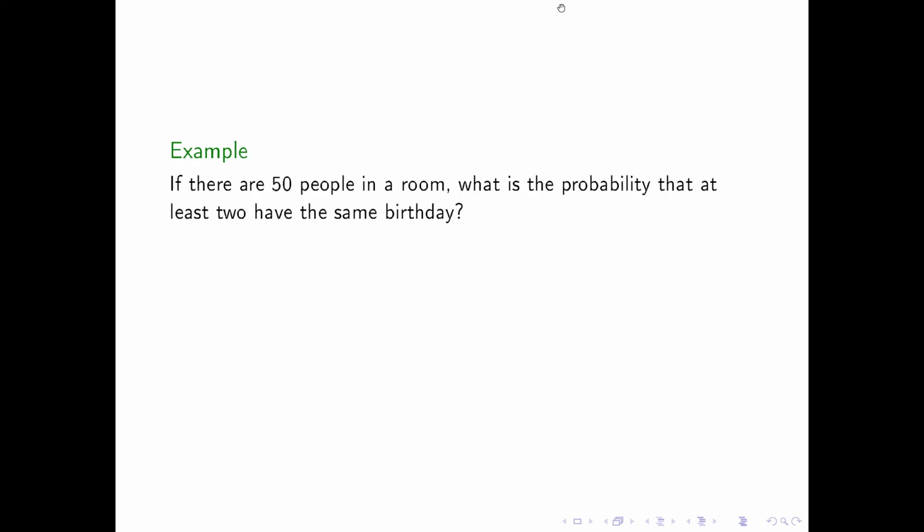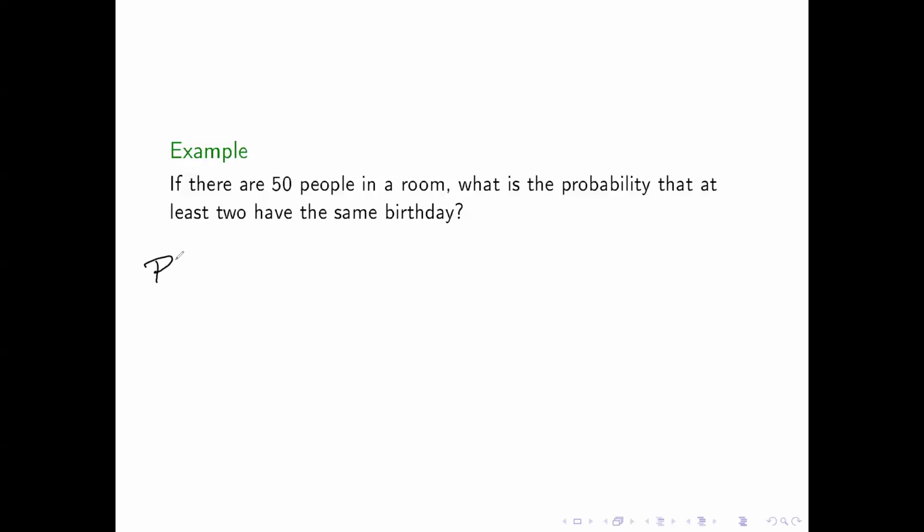So what's the probability that everyone in our room has a different birthday? Because that would essentially be the same question.